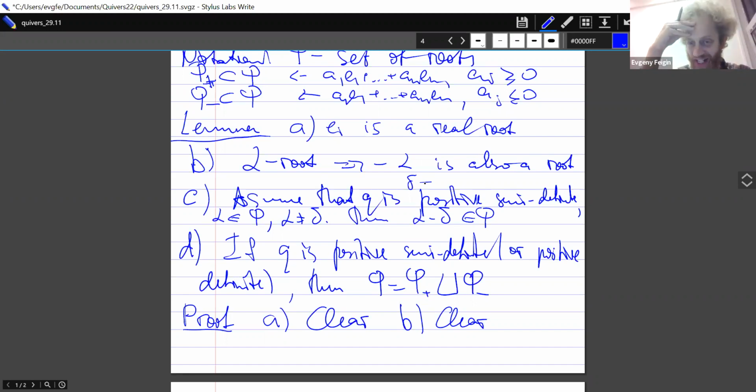But let's just stress that this is some very concrete thing. So this is not just something, but this is the kernel of the form.